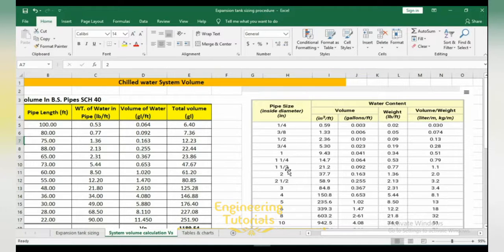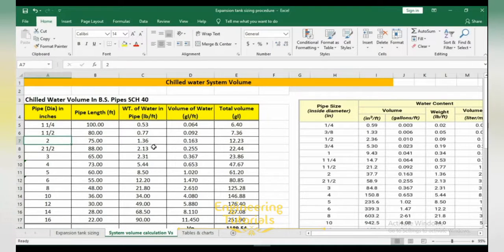For a 2-inch pipe size, how much lb per feet of water is required? That is 1.36. So as you can see, 1.36 is required for a 2-inch pipe size.